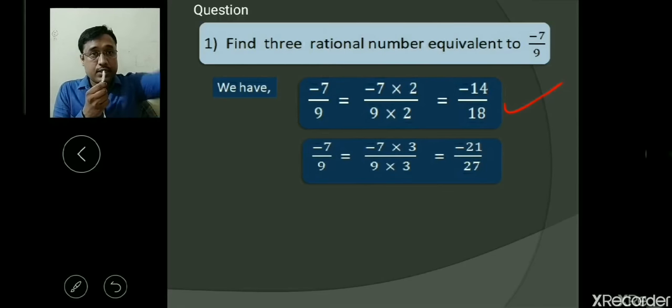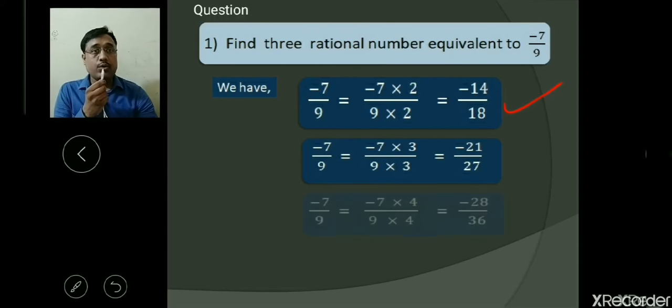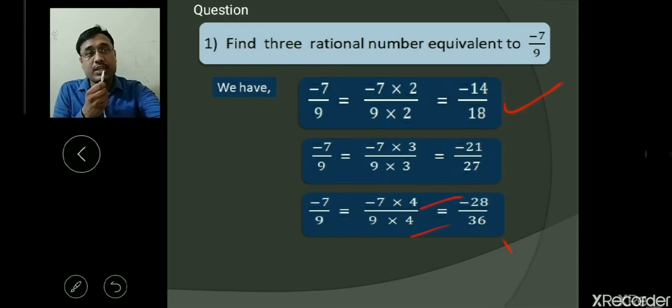Next, minus 7 by 9, when you multiply with 3 and 3, you will get minus 21 by 27. Now, when you multiply the numerator and denominator with 4, you will get minus 28 by 36. 9 into 4 is 36, minus 7 into 4 is minus 28. Okay, students? So, one more example.